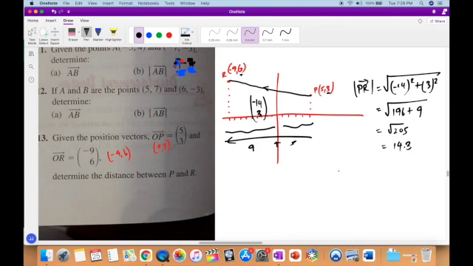Yes, sir. What about you, Shizzy? Anywhere close? You got it wrong? Why? You had -4 and 9 for your vector. How did you get -4 and 9?